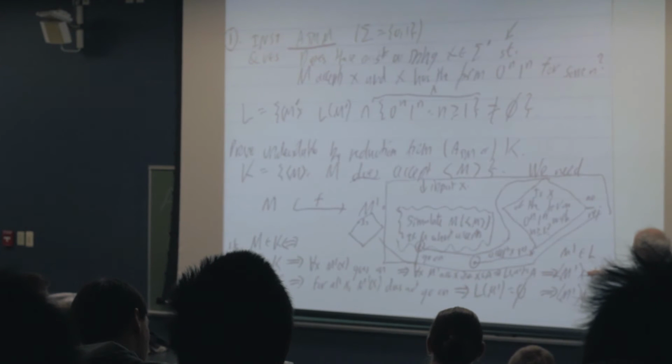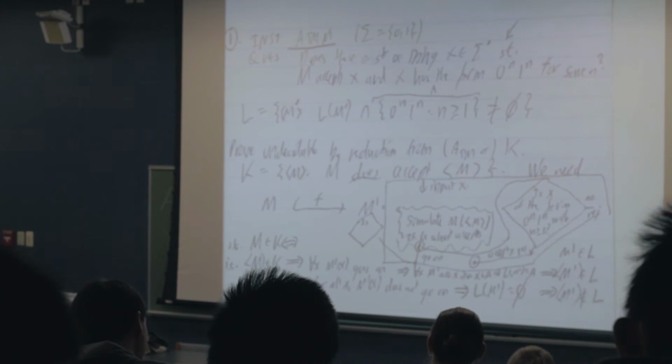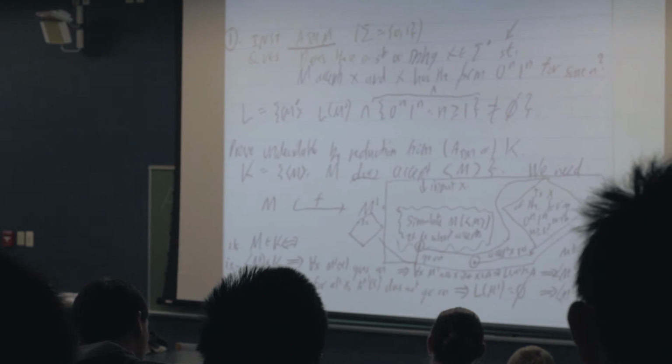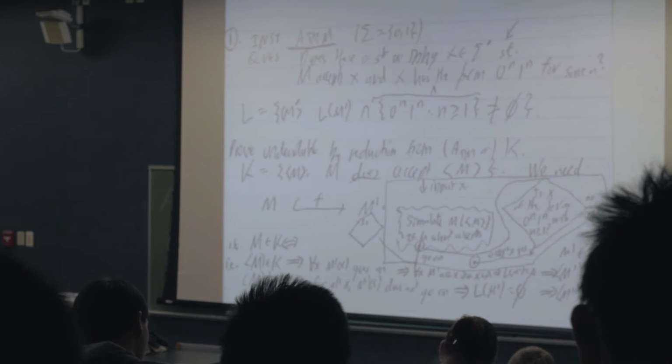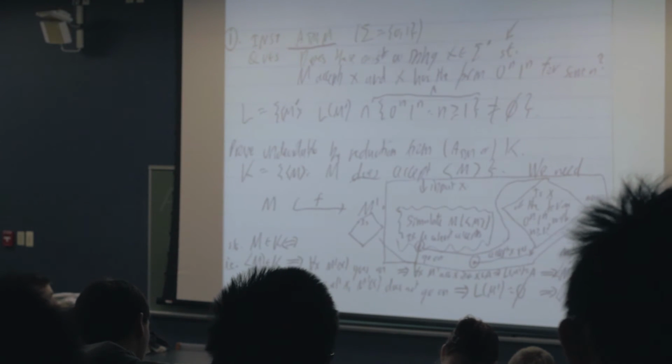And if it does accept its own code, then we get language A. So in fact, the all or nothing switch can be tailored to become an A or nothing switch for any language A that you care to have.